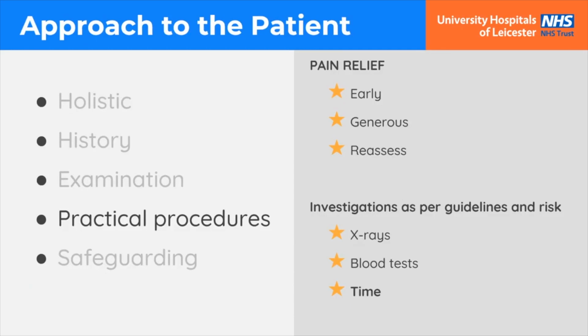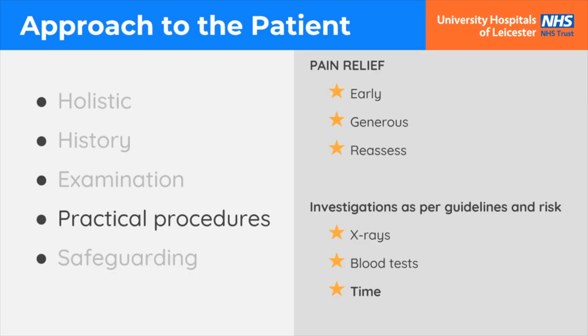Practical procedures may become necessary when assessing the child who presents with limp. Fundamentally, we must remember pain relief given early in generous amounts. We must also remember to reassess its effects and give more if necessary.